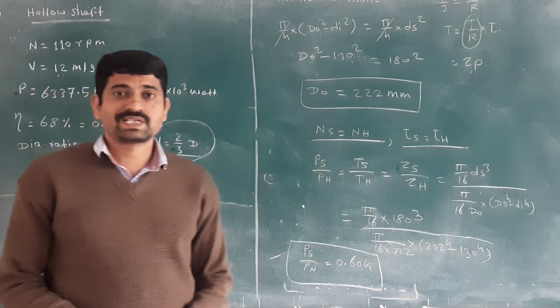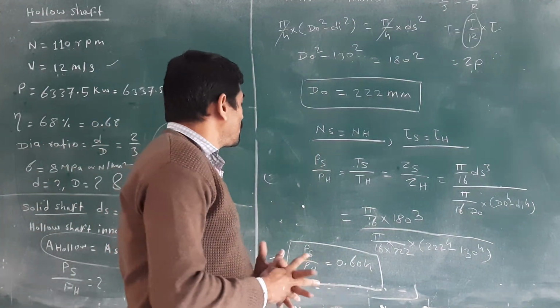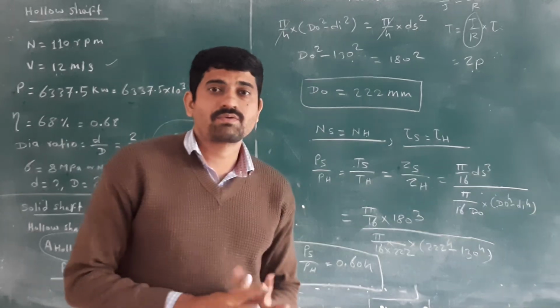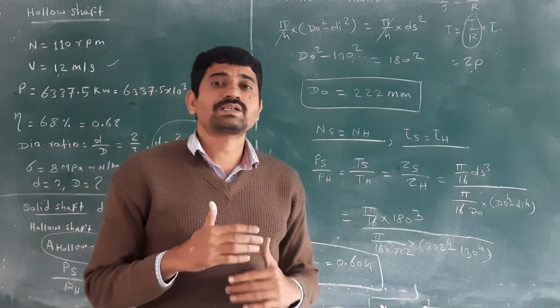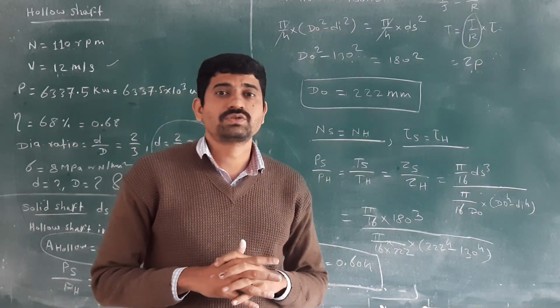Guys, you will be asked this type of numerical. If you know the basic thing, that the angular velocity of the solid shaft is equal to the angular velocity of the hollow shaft, then you know that the shear stress induced in both shafts is also the same.